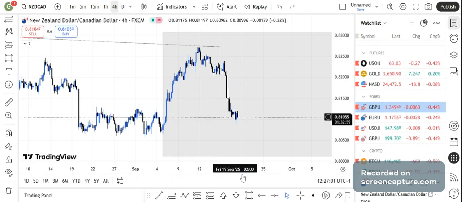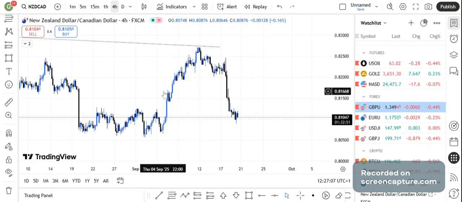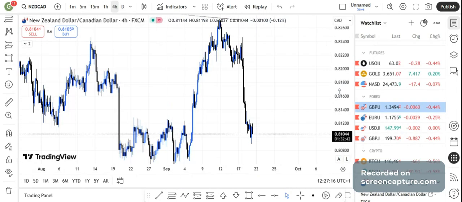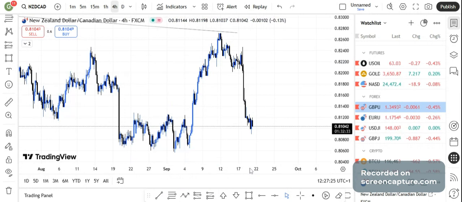On the 4 hour time frame, we have to spot our zones. The zones we're talking about can be your support and resistance, it can be your trend lines. That is what you need to do. You have to spot those zones because they're really very important. Okay, so now I spot something right here.